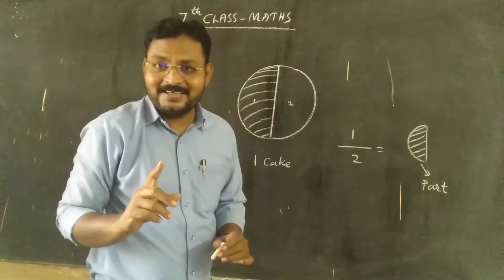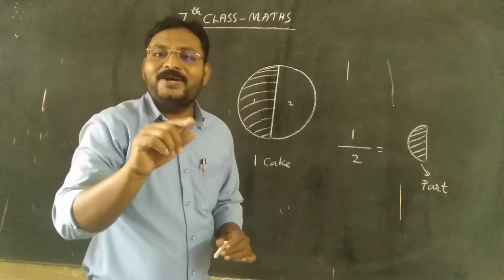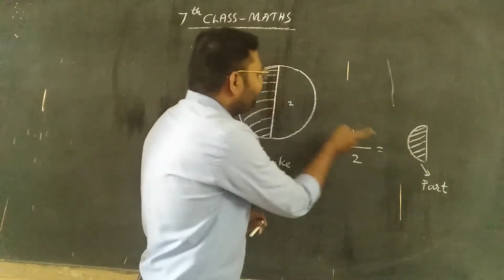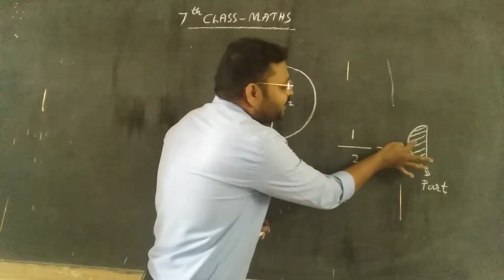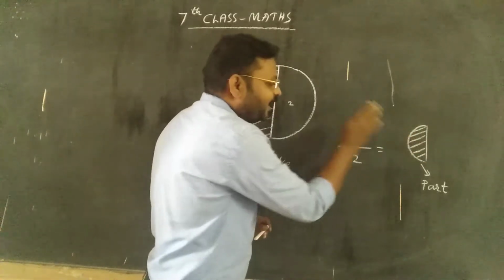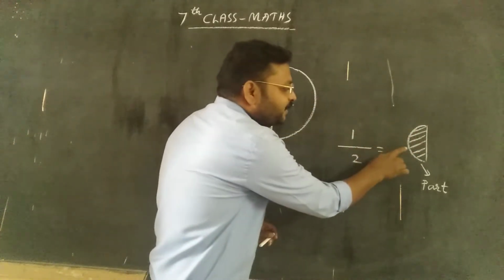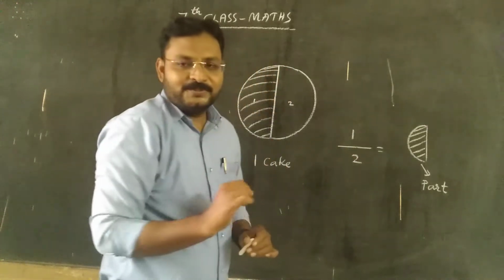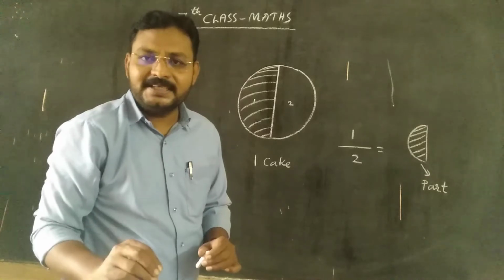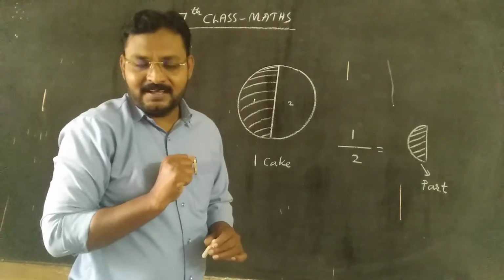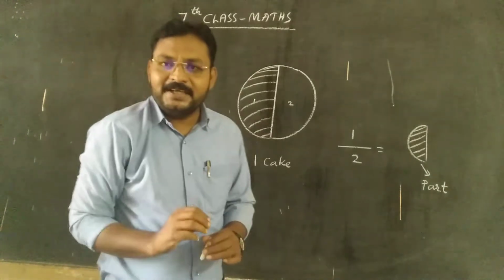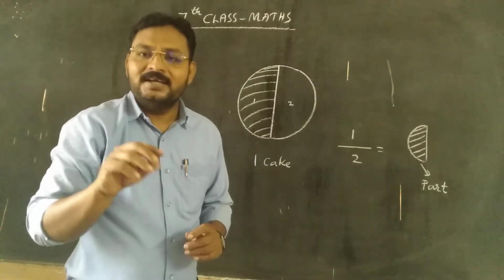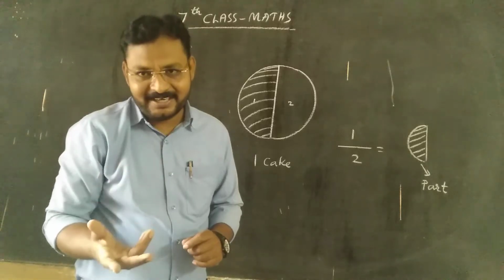What is meant by fraction? Part of a whole. This part from a whole is called a fraction. We represent it in numerical form as 1/2. So children, 1/2 is a fraction. I hope you understand. So what is the definition of fraction? A part of a whole is called fraction.